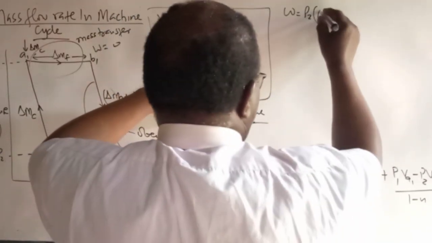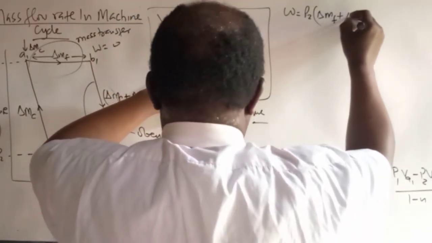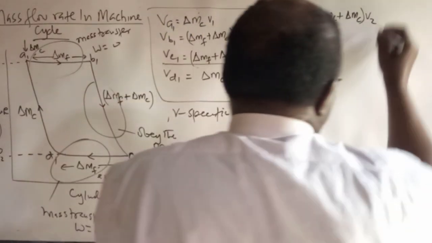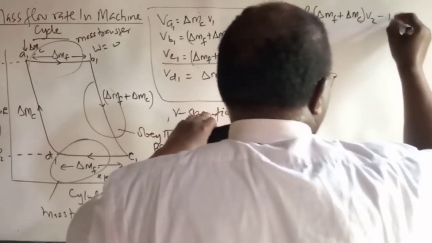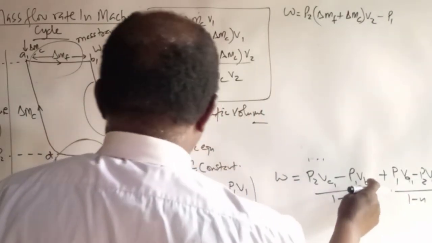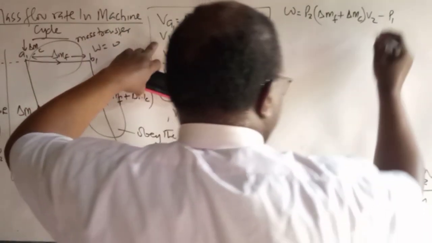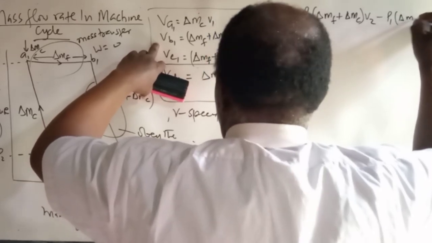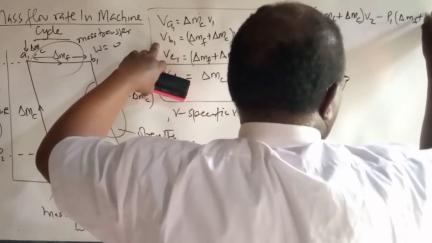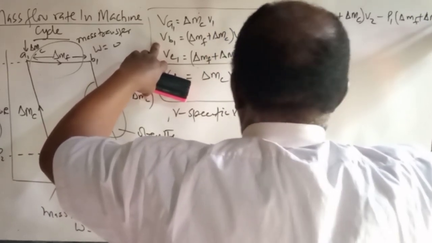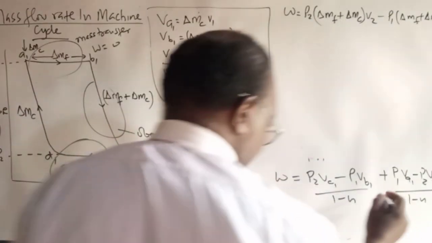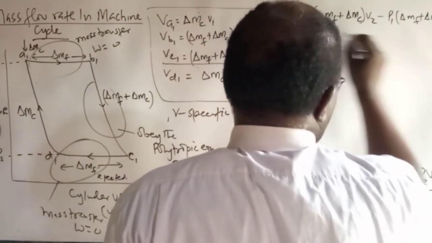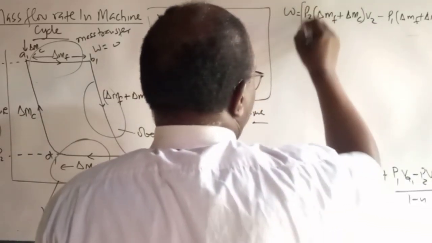So that should be delta MF plus delta MC V2 minus P1. Let me read it properly. VB1 as at state point 1 will be delta MF plus delta MC V1. I think I've read it correctly now. Of course, divided by 1 over n, I will factor it out.